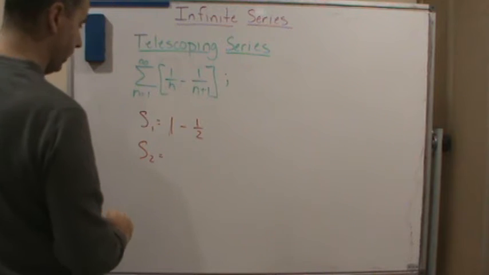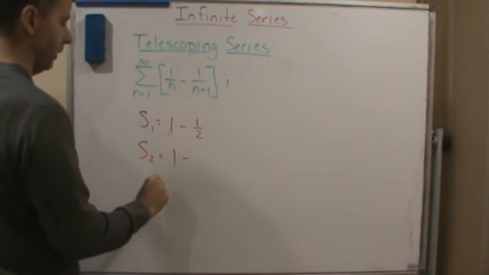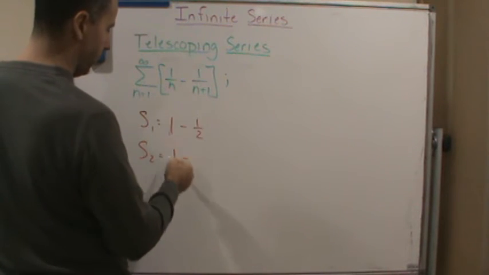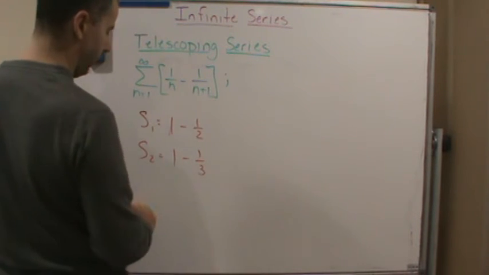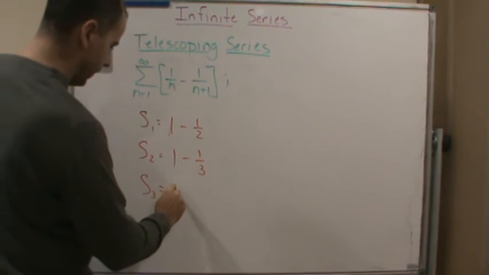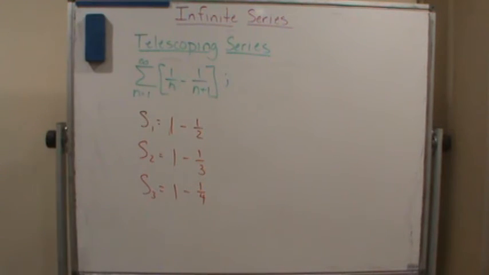S2 is going to end up equaling 1 minus what? Well, the middle terms cancel out, so I end up with 1 minus 1/3. And then S3, I'm going to end up with 1 minus 1/4. And so on.